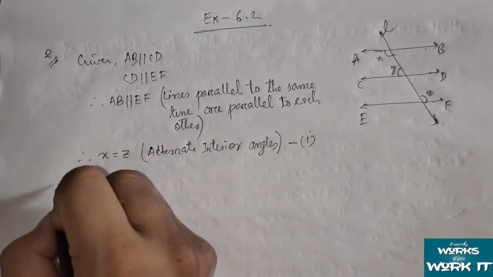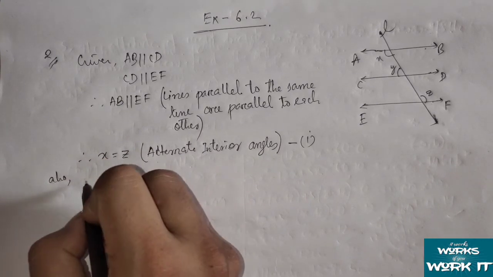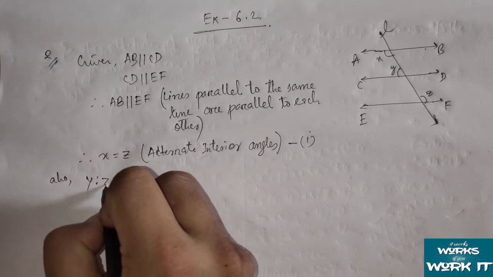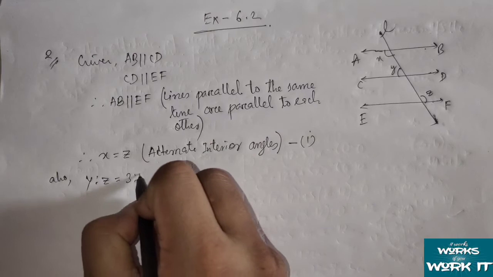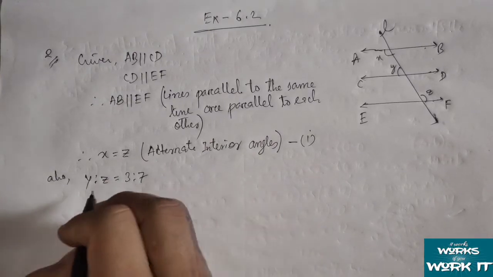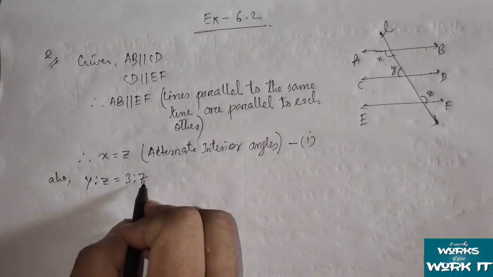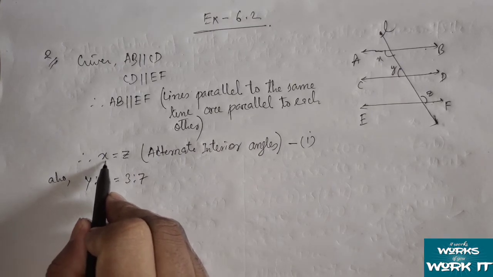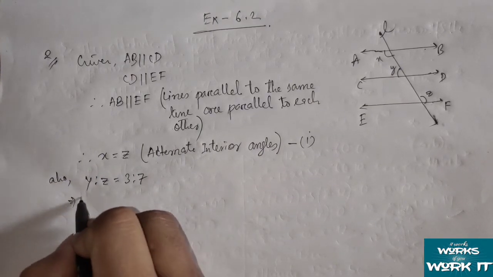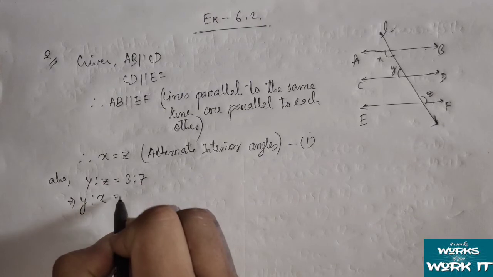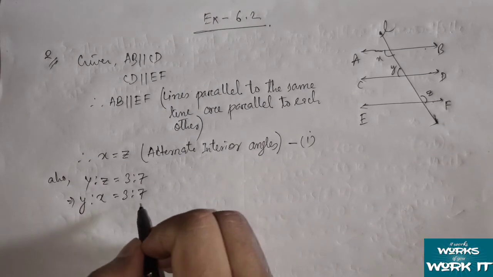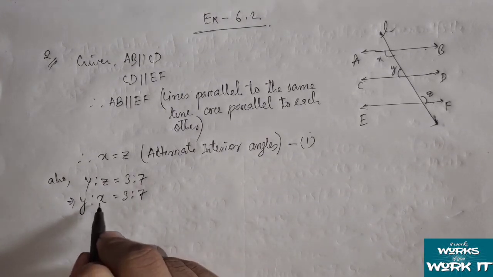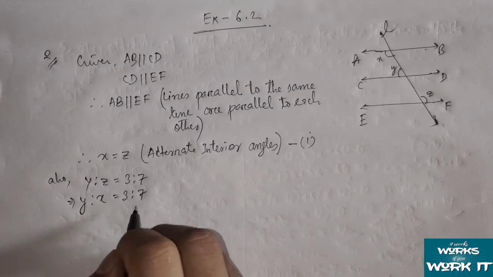Next, it is also given in the question that Y is to Z is equal to 3 is to 7. So here we have got X is equal to Z. So in place of Z I can write X. So it is giving us Y is to X is also 3 is to 7.